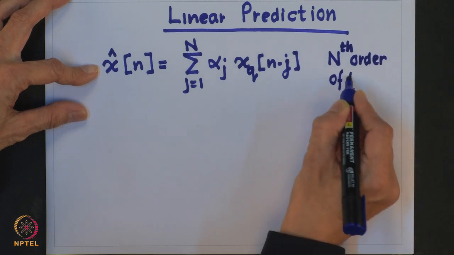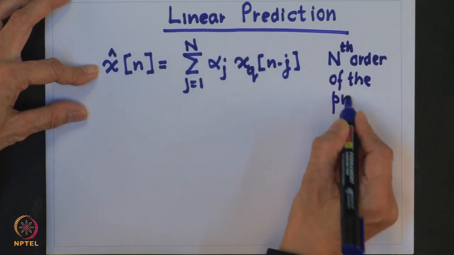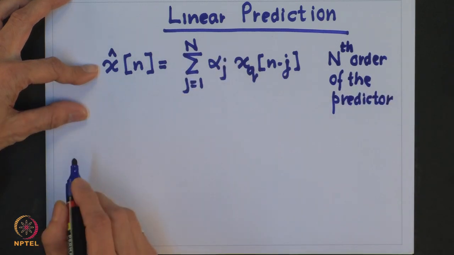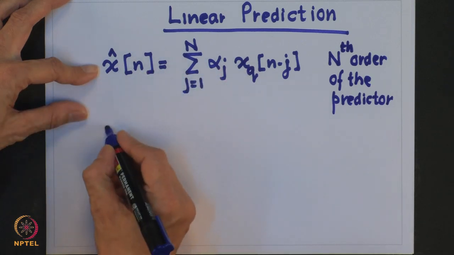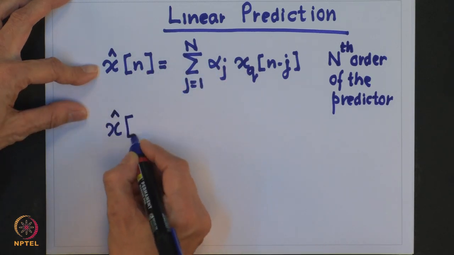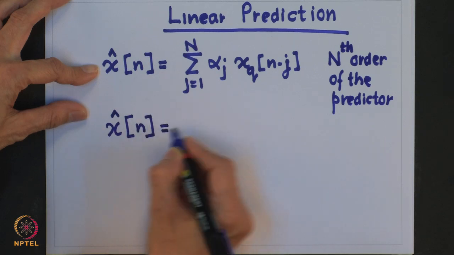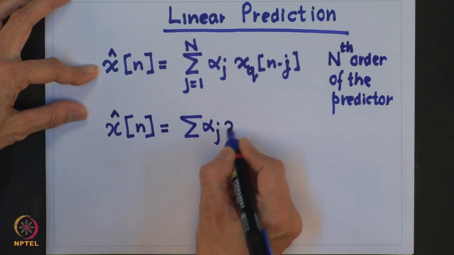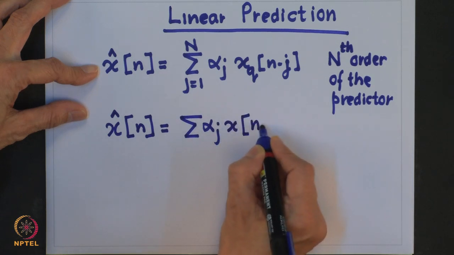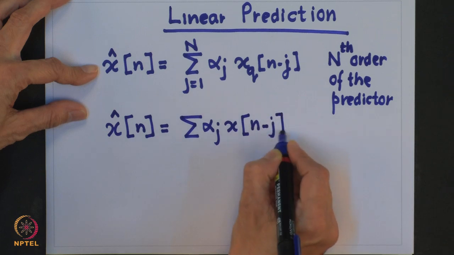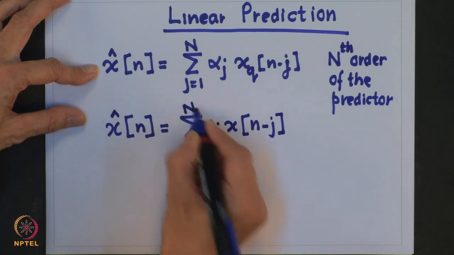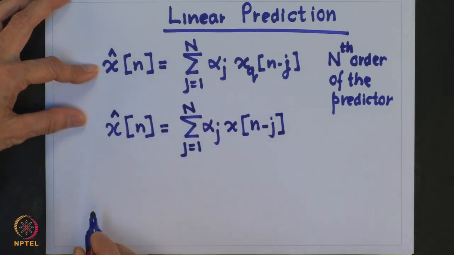So, the original problem has been put in the linear framework like this, and if we assume that we have fine quantization, then our problem reduces to finding alpha j such that the variance of the difference signal using this linear combination gets minimized.